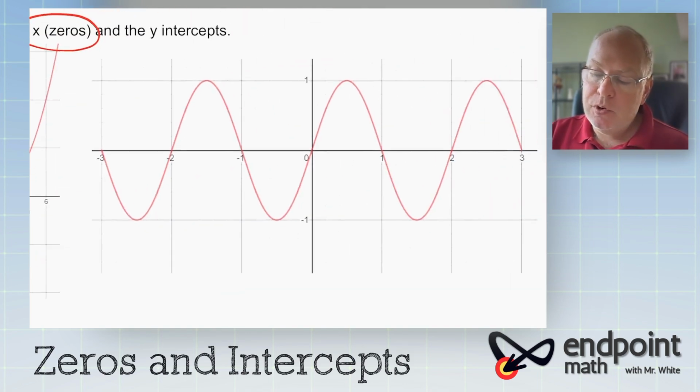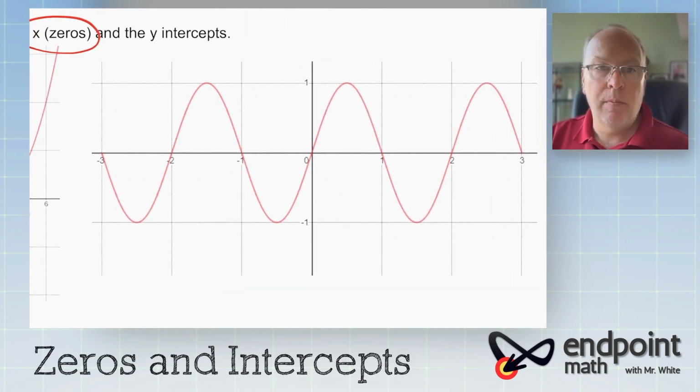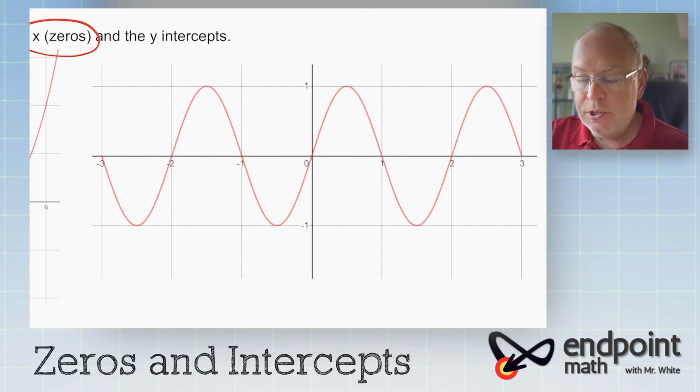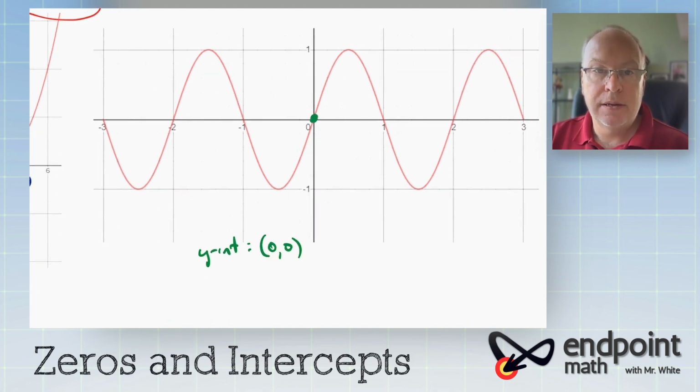All right, what about this crazy thing? Oh my goodness, there's a whole bunch of things. But notice there's only one y-intercept. The y-intercept is at 0, 0, or at y equals 0. You could say it that way.